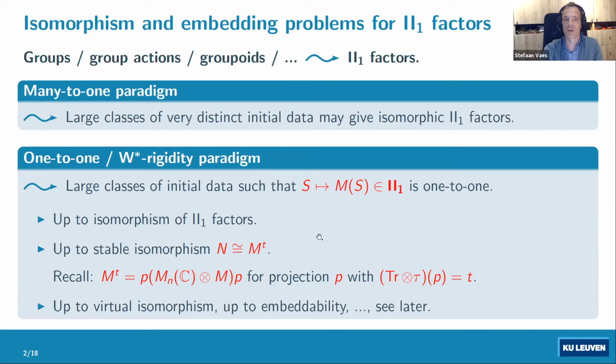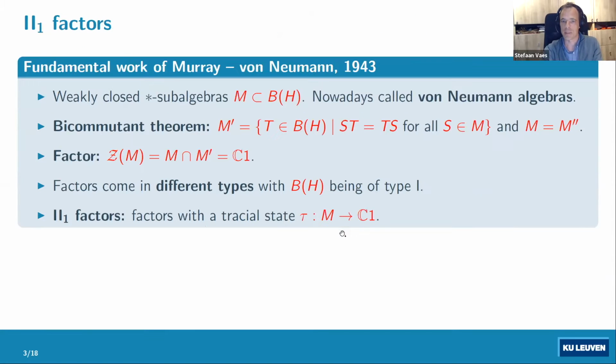So let me now first go back to the basics and the basic definitions. So this goes back to the fundamental work of Murray and von Neumann in the 1940s. So what is a von Neumann algebra? It's an algebra of operators on a Hilbert space, closed under taking the adjoint, so the star, and closed in the weak topology.